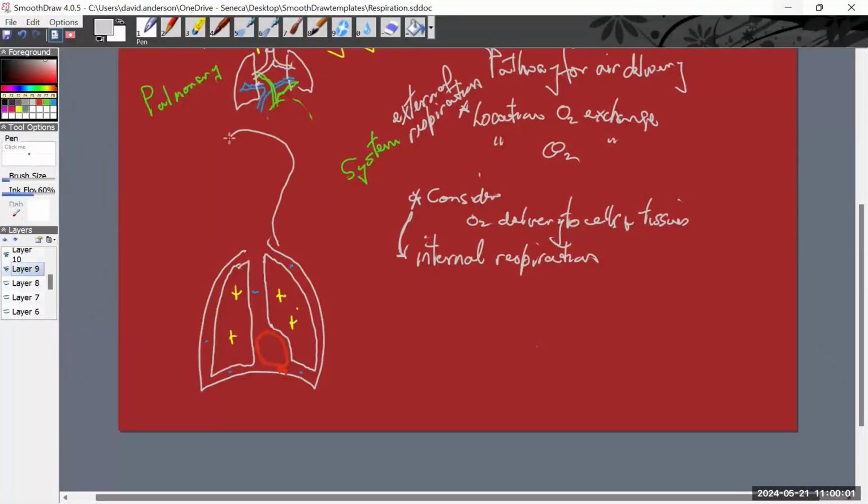We'll draw in a head. Then there's a tongue in there, but we understand that there's a nasal passageway and an oral passageway separated by a bit of bone and tissue here, and that represents the pharynx: nasal pharynx, oral pharynx, and then laryngeal pharynx.